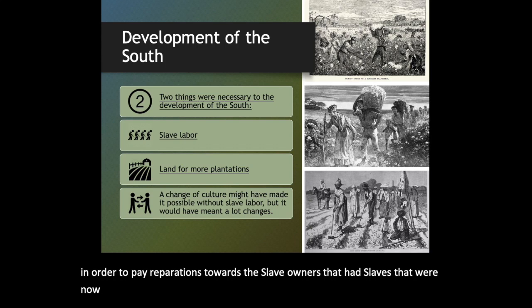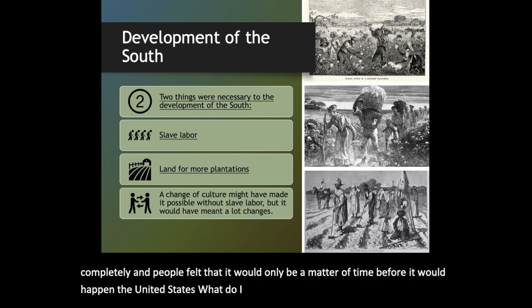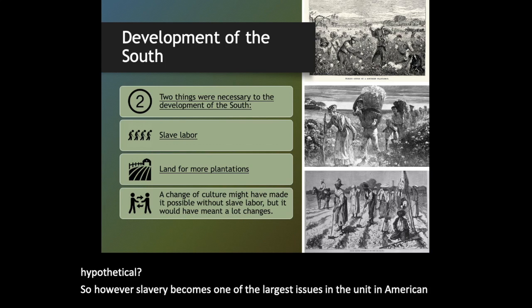So Europe was already pushing towards abolition completely, and people felt that it would only be a matter of time before it would happen in the United States. What do I think? I don't know, because it's all hypothetical. However, slavery becomes one of the largest issues in American history, and it does lead to our large Civil War.